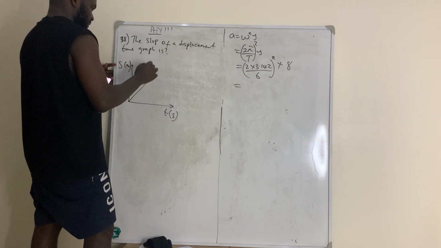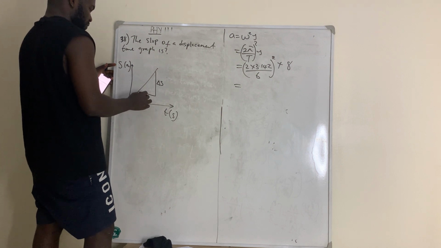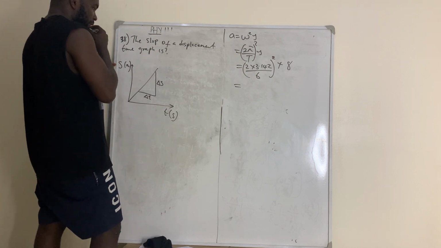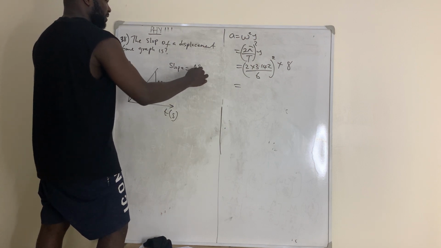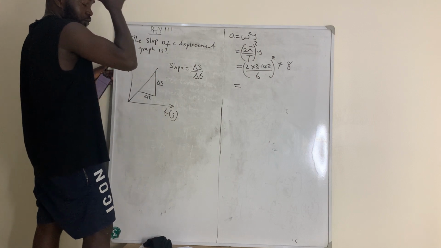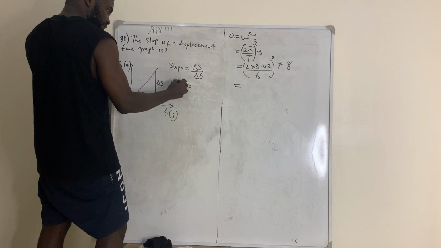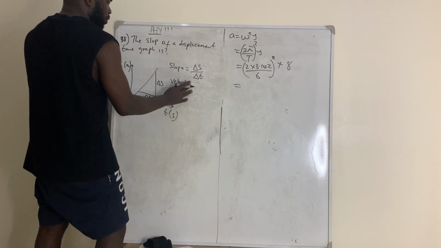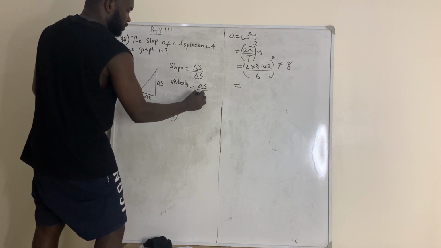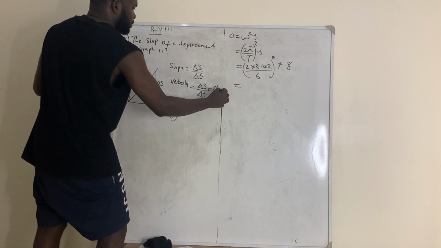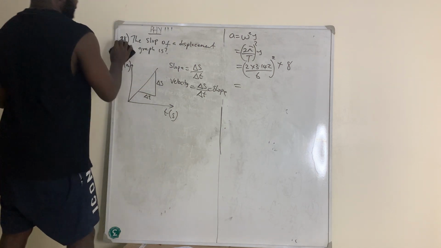If I have something like this, my slope is change in s over change in time. So I know that my slope is equal to change in displacement over change in time. And what quantity is change in displacement over change in time? Velocity. So velocity is the slope. Velocity is equal to change in displacement over change in time, which is equal to the slope.